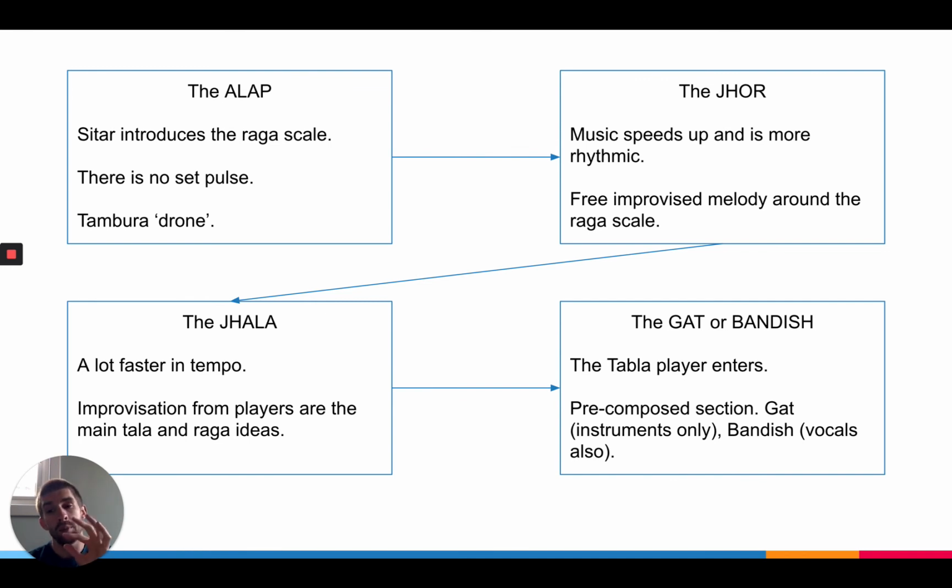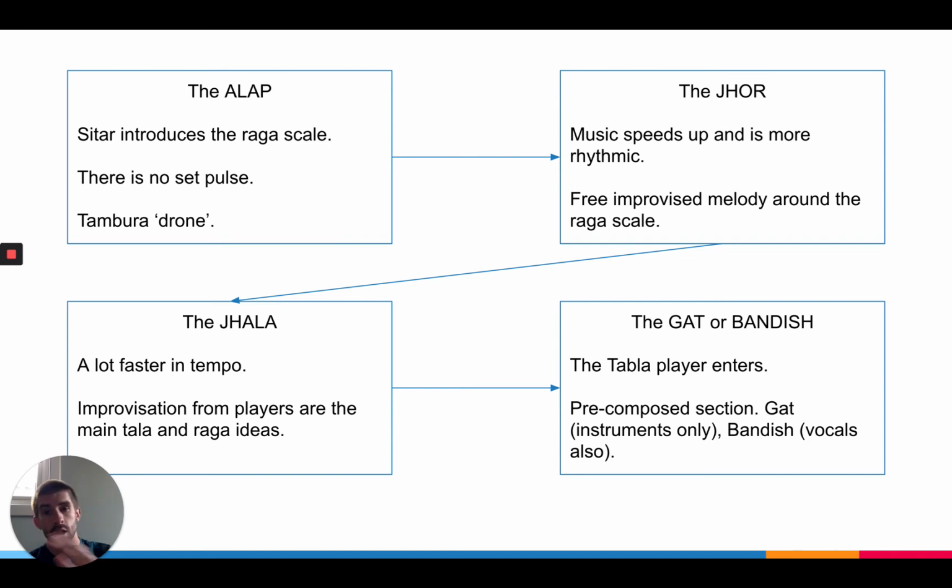So this is the part of the raga that feels a little bit more secure from a Western point of view. We also have the tabla player, who's the drummer, which we did hear in the jhala section actually, which is slightly unusual, but the tabla plays a consistent rhythm during the gat and the bandish. This is the majority of the raga.